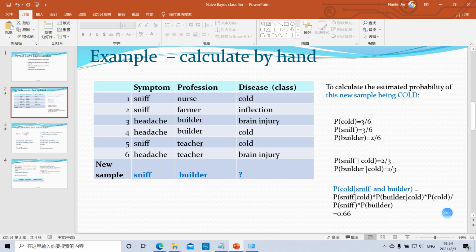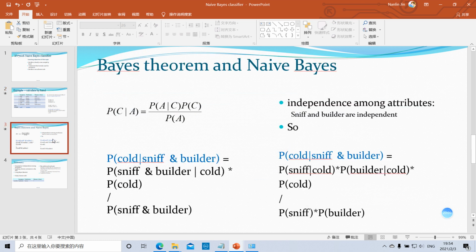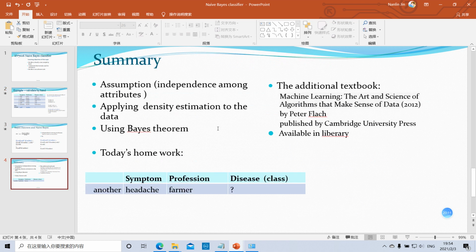So in future, we'll learn dimension reduction. In that case, you will probably understand a little bit more. But at the moment, we have to assume all features are independent. And then we apply the estimate to the data using Bayes theorem.